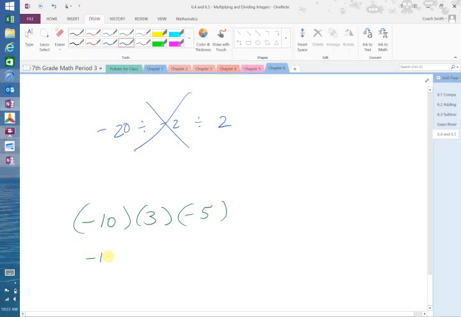So I can put my 2 negatives together first. Negative 10 times negative 5 would be positive what? Positive 50. Thank you, Emma. Positive 50 times a positive 3 is obviously going to give me 150.